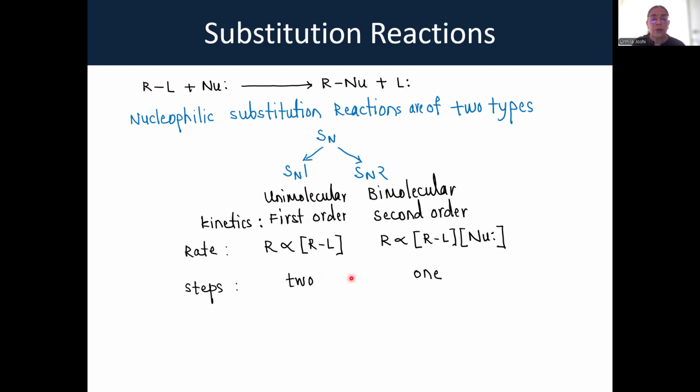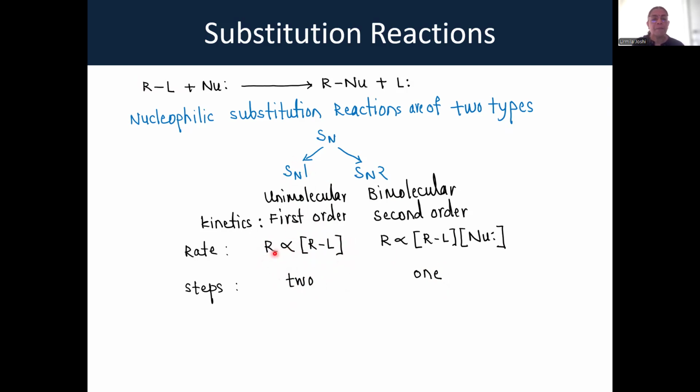Now, one thing you have to understand very clearly is the number of steps. In the SN1 reaction, many students get confused and think it is a one-step reaction. No, it is a two-step reaction, and this rate term itself tells you that it is a two-step reaction.